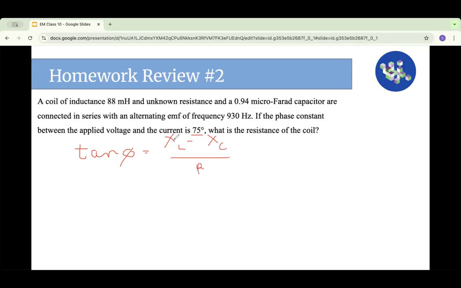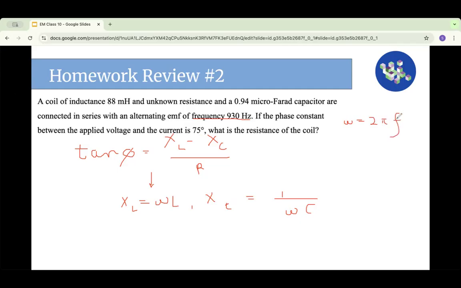So now I can literally just plug in the numbers. And remember that XL equals omega L and XC equals 1 over omega C. And you're given frequency, so you can get omega from that because omega equals 2 pi f.